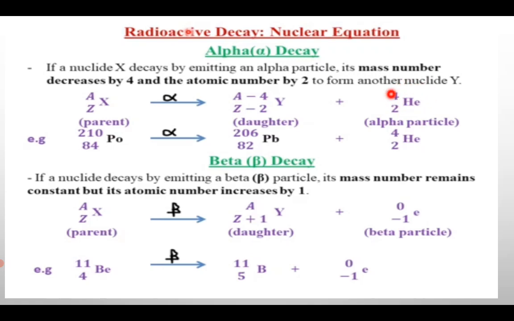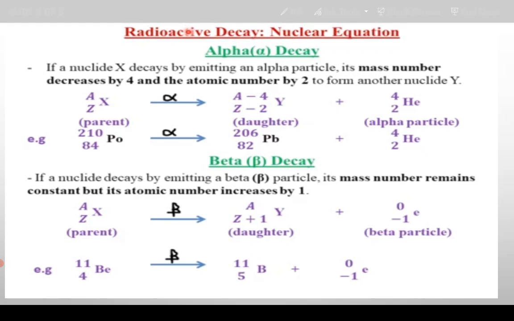Remember that an alpha particle is identical to a helium nucleus. Such that if you add the top numbers, the top values, in this case we have A minus 4, add this 4 here, you end up having A, which is the original mass there.